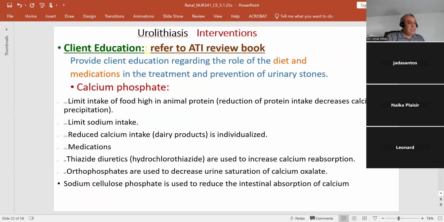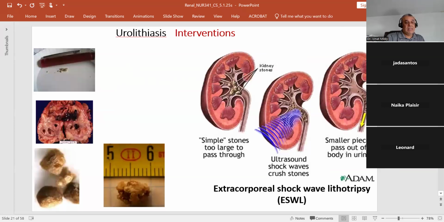So that slide just provides maybe an image to illustrate how the ESWL, extracorporeal shockwave lithotripsy, would crush the stones and make them small fragments.